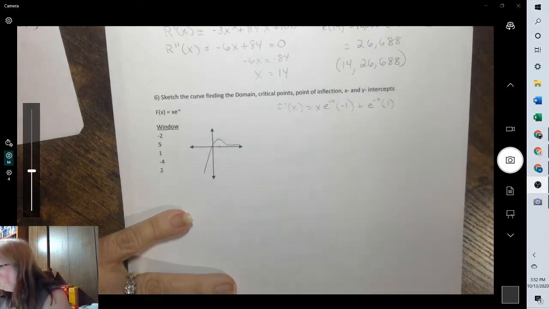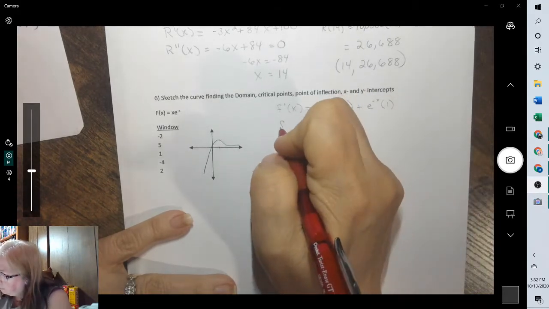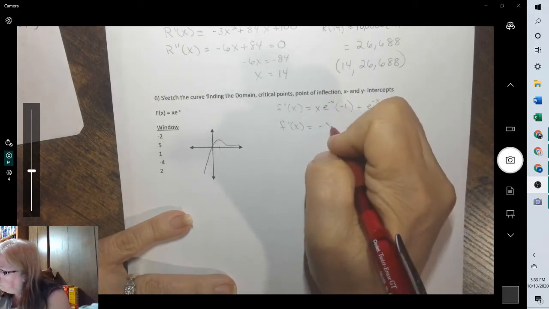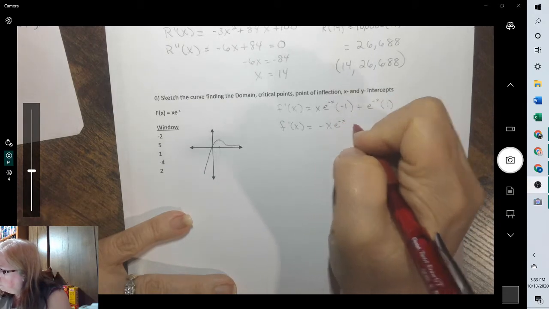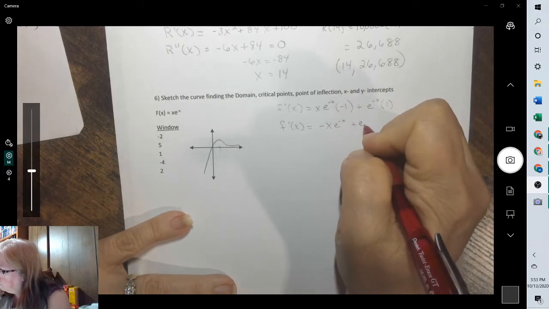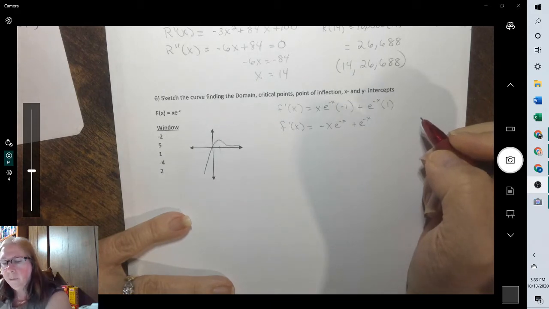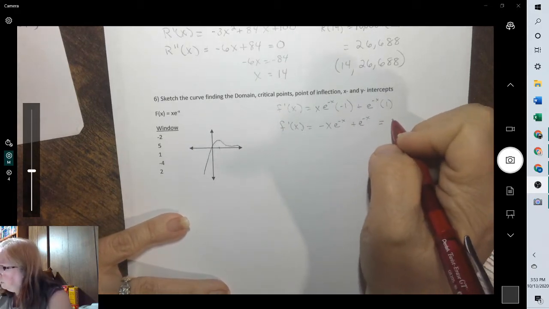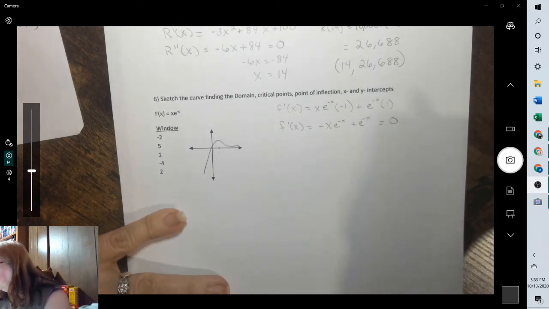So that's our first derivative. I'm going to simplify it because we need to take the derivative again. We get that. Now, we're going to set this equal to 0 and solve.